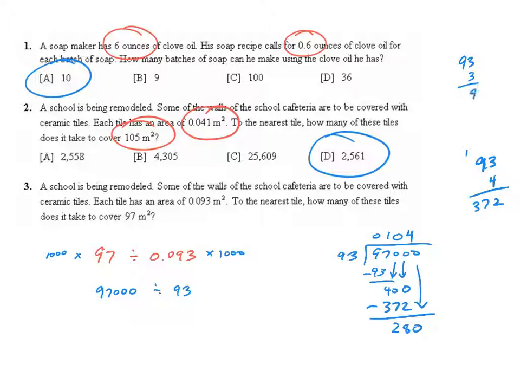I think that's going to be too much. Oh, it's not going to be too much. So 3 times is 279. And I am going to have to go one more place value. So I'm going to bring the decimal straight up before I do my regrouping, and 93 does not go into 10. So to the nearest tile, this would be 1043 tiles.